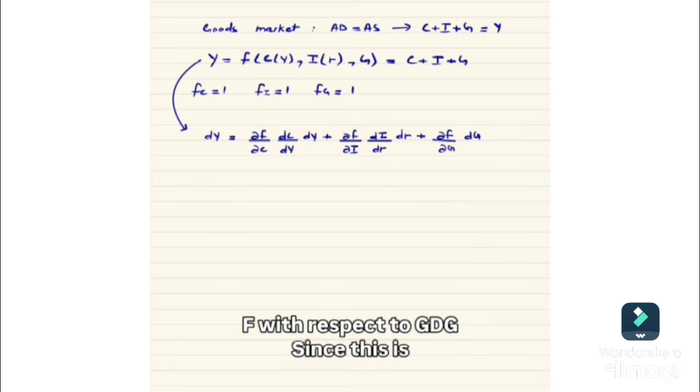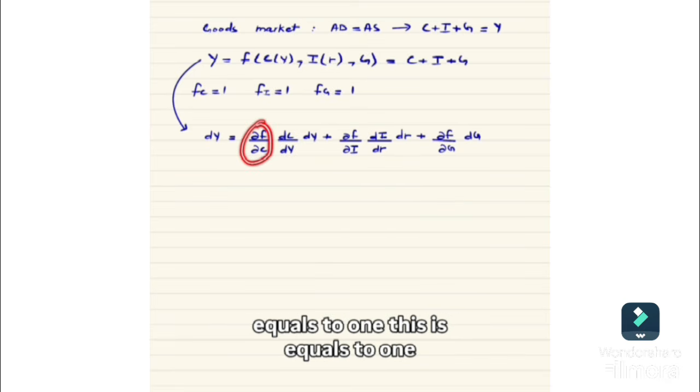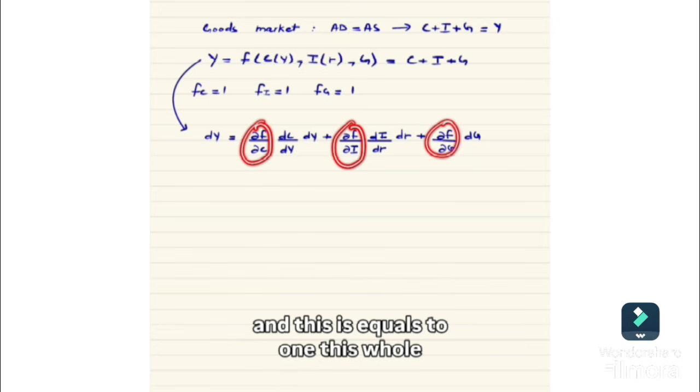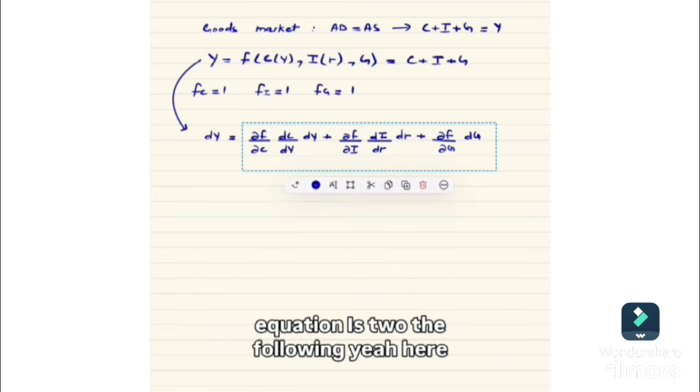Since this is equal to 1, this is equal to 1, and this is equal to 1, this whole equation collapses to the following.